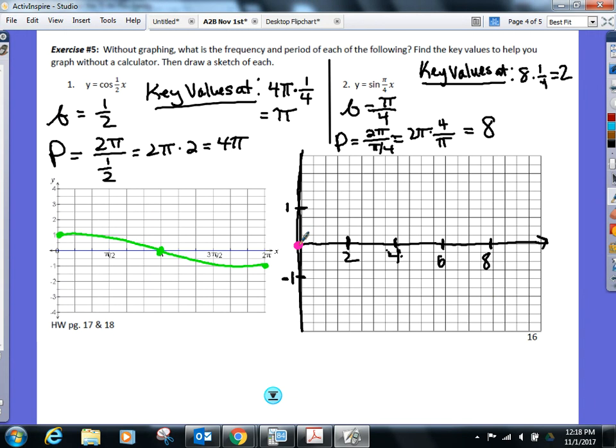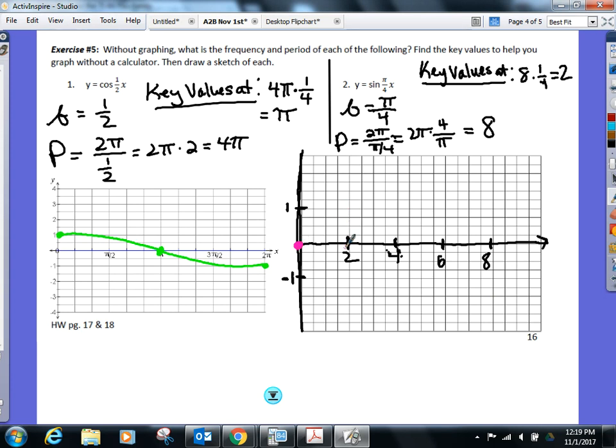Where does it go? What's the next key value on the sine curve? On the sine curve, it starts at 0, then it goes up to what? No. Your original sine curve you did yesterday. After 0, what's the next key value? 1.